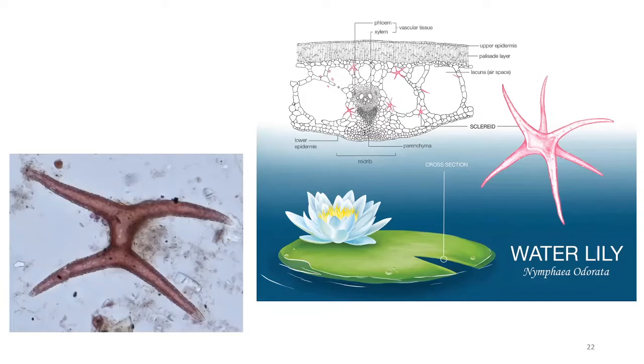Sclerites cause the plant tissue to be coarse and gritty, suggesting an adaptation against herbivory. Plants protect themselves against animals. They want to live, not to be eaten by animals. So all plants, as we know, have some strategy for protection.